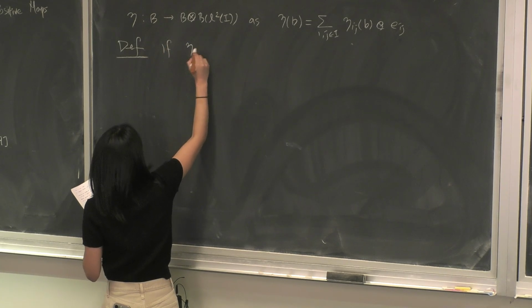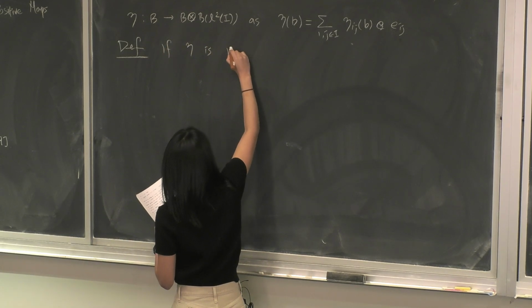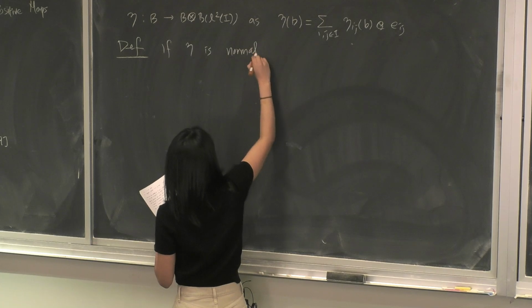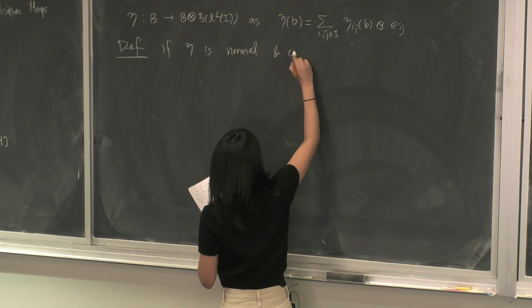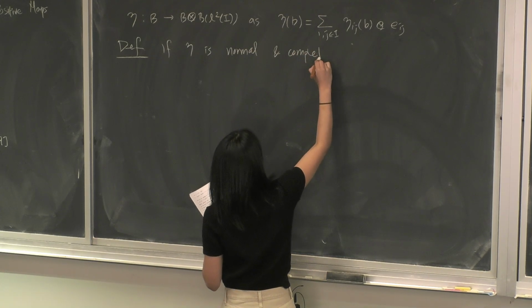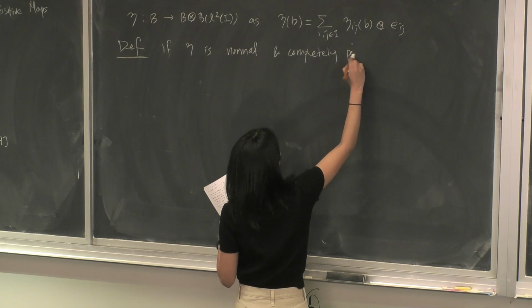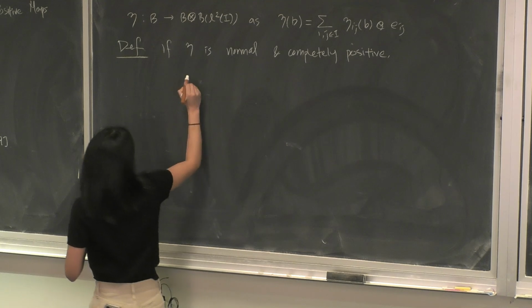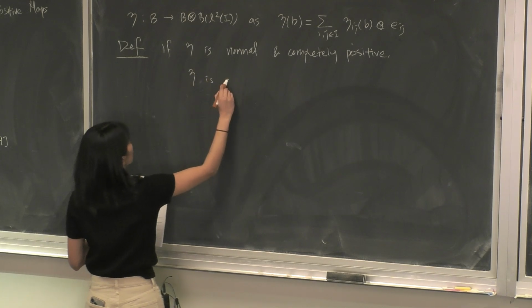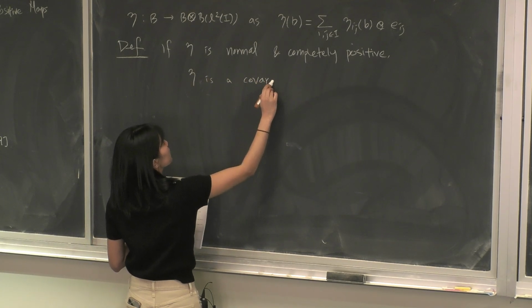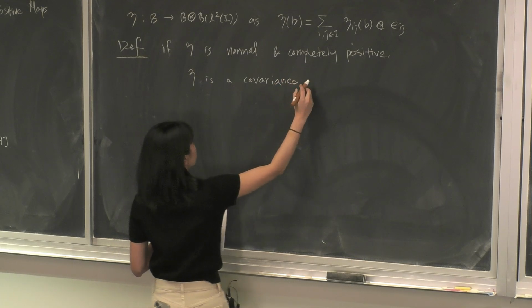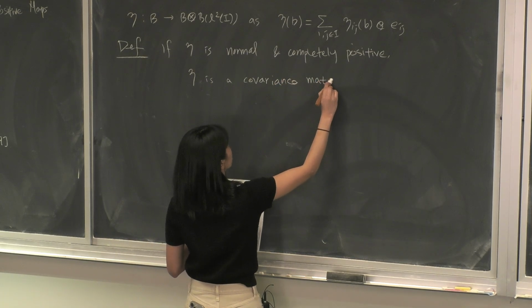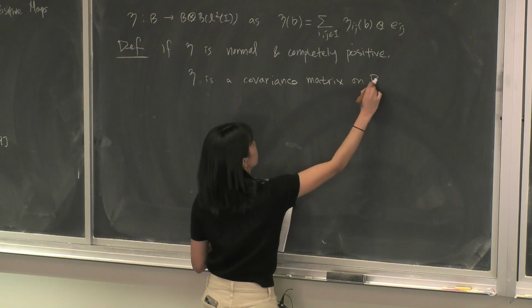If this eta is normal and completely positive, we say this eta is a covariance matrix on B.